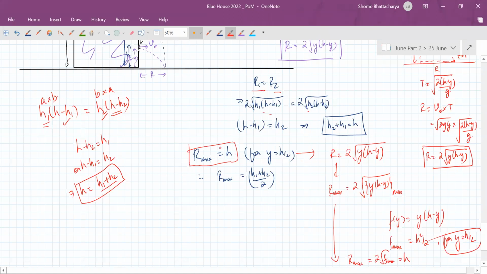That is how we get this result, that maximum range is h, and then h has to be substituted in terms of h1 and h2. So sorry, the maximum range is actually h1 plus h2, but the hole has to be cut at a position, and for this y should be equal to h by 2. Right, so Jagannath, this is clear now, this step also. Yes, sir.